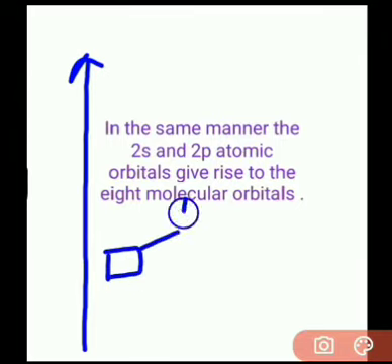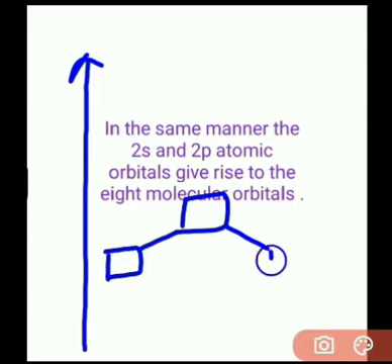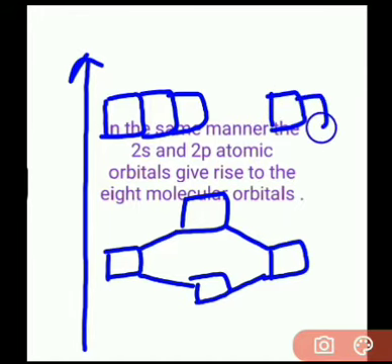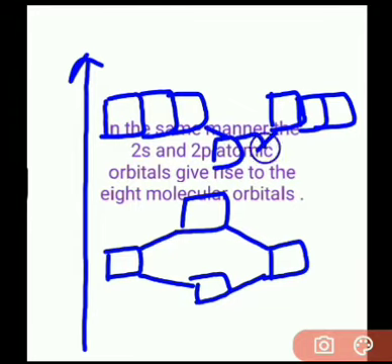So this 1s combines with 1s of the other atom, and it forms two molecular orbitals. Similarly, suppose this is the 2p orbital, px, py, pz of two atoms, they combine together to give 6 molecular orbitals.